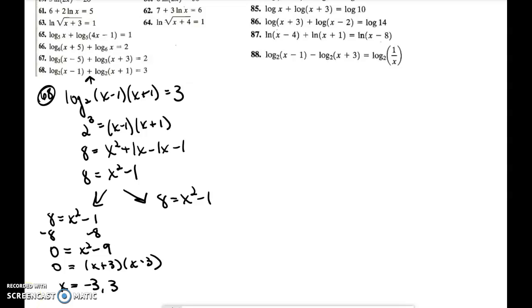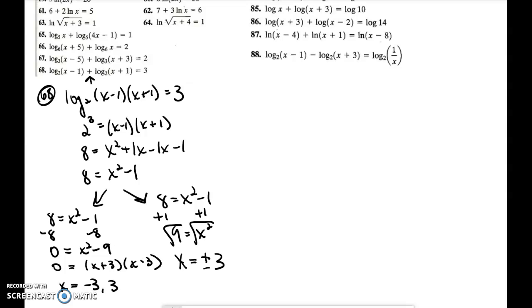Or if I instead add a 1 to both sides, then I end up with 9 equals x squared, and then I can solve this by undoing, by taking the square root of both sides, and then I end up with x equals, when you take the square root of 9, either positive or negative 3.